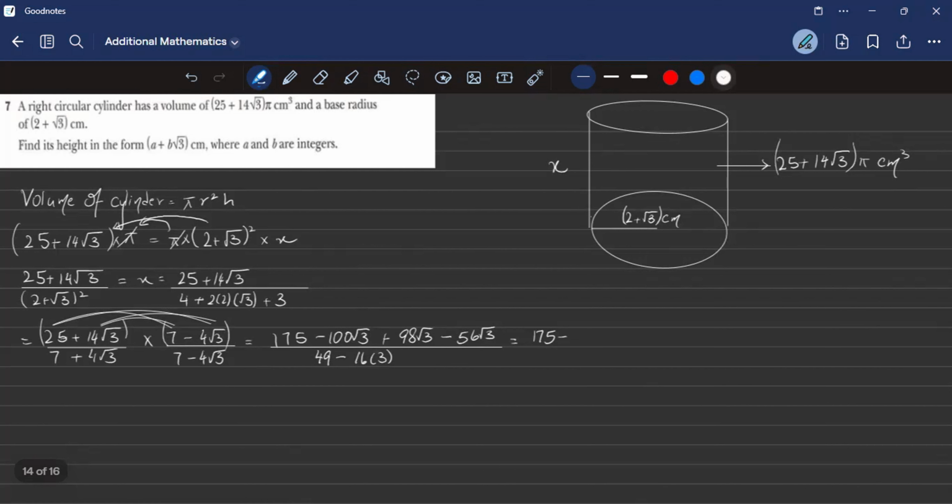And we subtract 56 further, so we are going to get negative 58. 175 minus 58 under root 3, divided by 49 minus, what is 16 multiplied by 3? 16 multiplied by 3 is 48. So 49 minus 48 is equals to 1. So 175 minus 58 under root 3 is equals to your answer to question number 7.